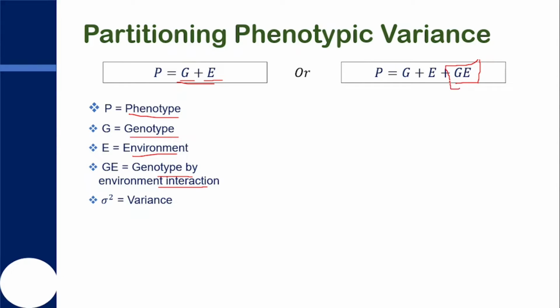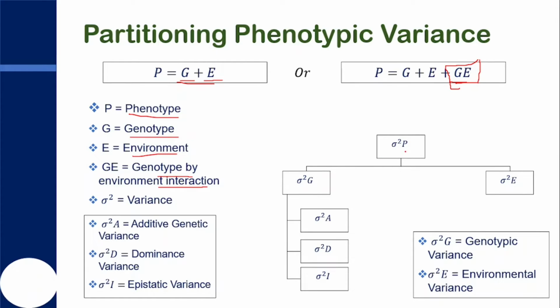That's why sometimes we also consider this genotypic and environmental interaction, but it is not necessary, and it is sometimes ignored from the equation because it is very difficult to find out the genotype and environment interaction, so we mostly ignore it. And in this lecture I will also ignore this interaction to make the model very simple and easy to understand.